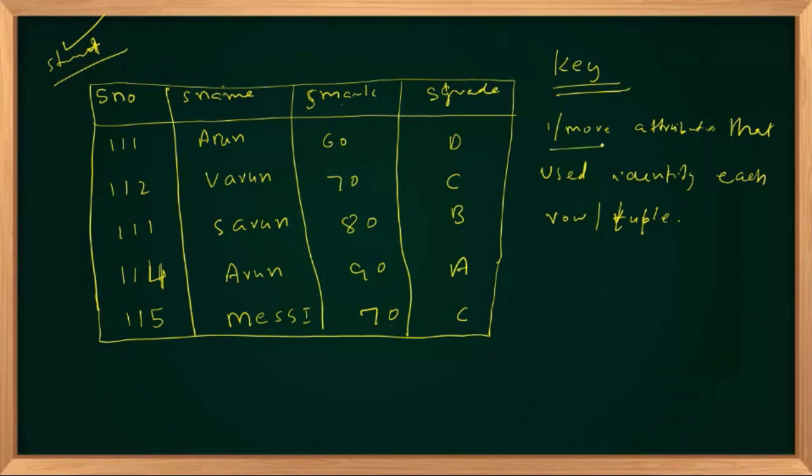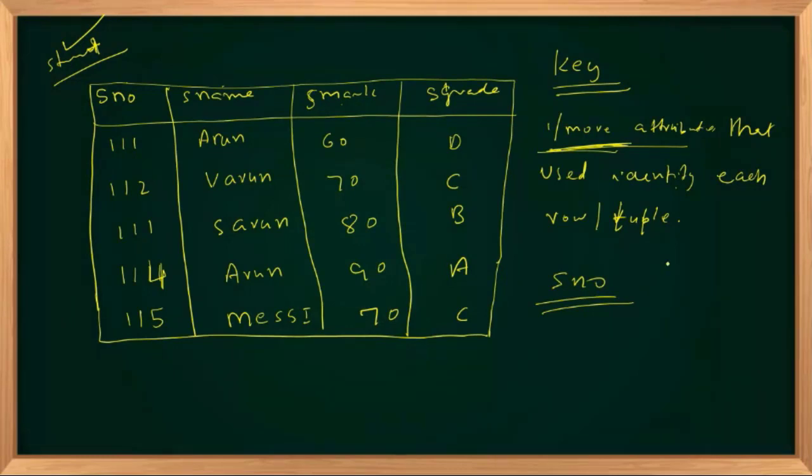One or more attributes that are used to identify each tuple is a key attribute. What is key attribute? Is student number the key attribute?